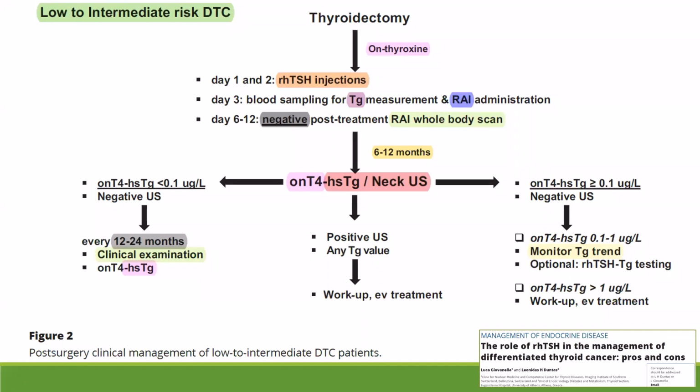Regarding a low to intermediate risk patient, the patient should be on thyroxine. I will not stop thyroxine. I will give him Thyrogen on day 1 and 2, and on day 3 they mentioned that we will do blood sampling for TG measurement and radioactive iodine administration. This is the first one.